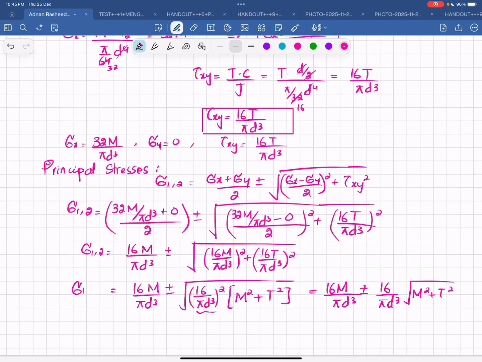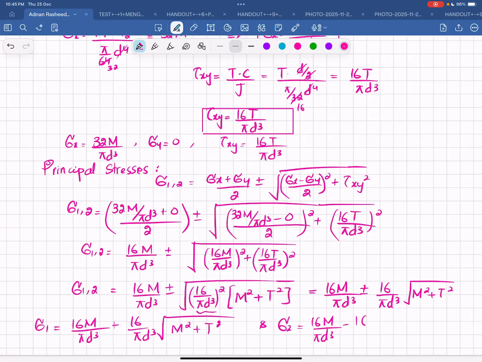Okay, that will be sigma 1, 2. So sigma 1 will be equal to 16m over pi d cube plus 16 over pi d cube into the root of m square plus t square, and your sigma 2 will be equal to 16m over pi d cube minus 16 over pi d cube into the root of m square plus t square.